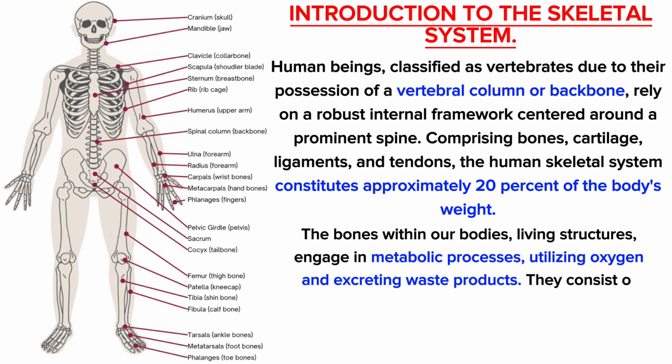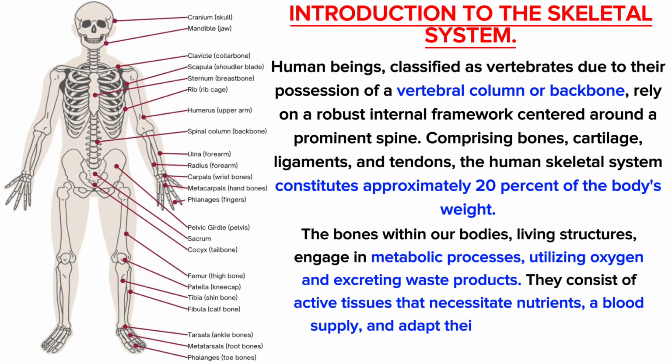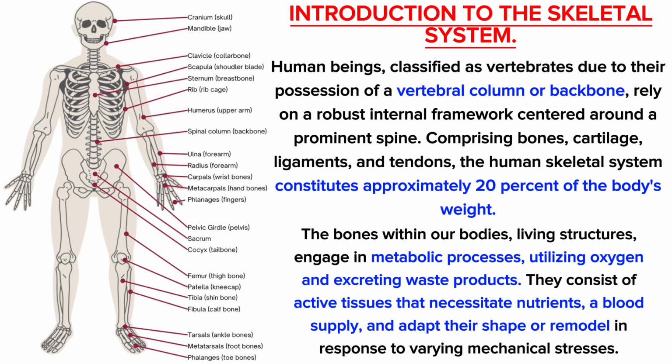They consist of active tissues that necessitate nutrients, a blood supply, and adapt their shape or remodel in response to varying mechanical stresses. So there we can see how the bones help us in our bodies.